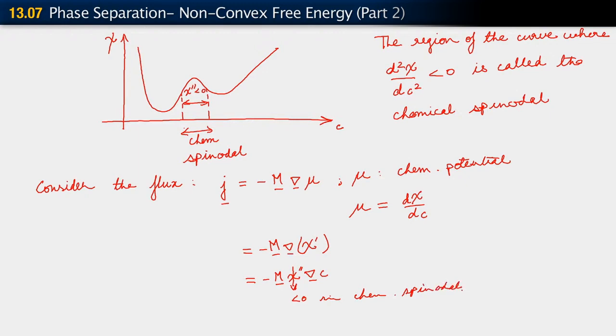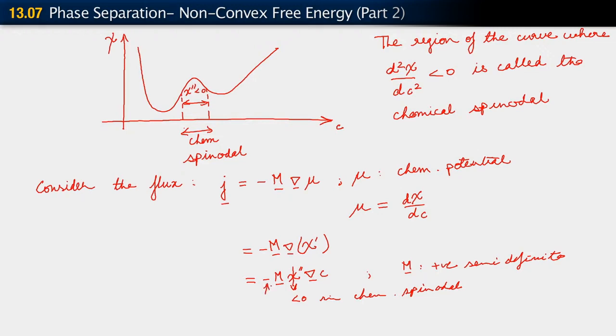As a result, if M is positive semi-definite, and we know that M is positive semi-definite, what this means is that the fact that chi double prime is less than 0 essentially negates this other negative sign.